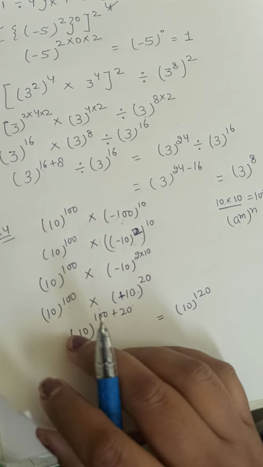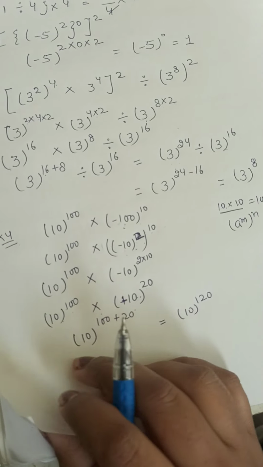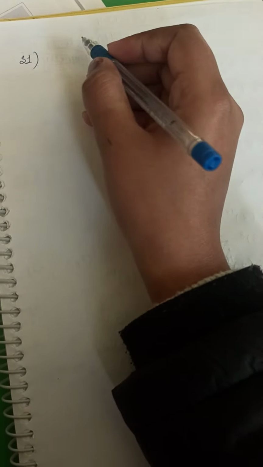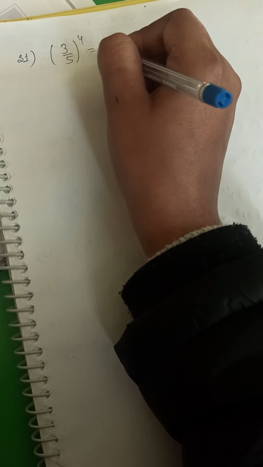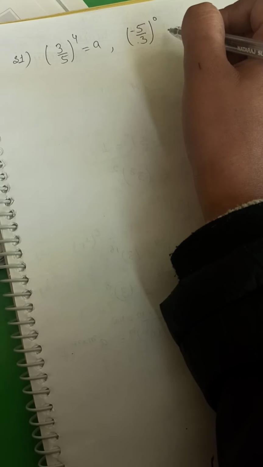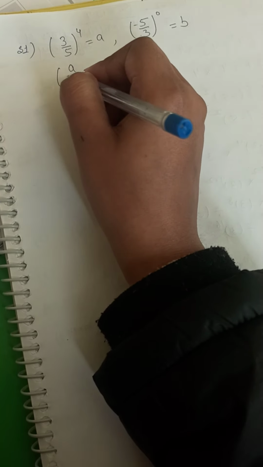Clear? Now the next question, S1. In this also, if (3/5) to the power 4 is equal to A, and (5/3) to the power minus (5/3) to the power 0 is equal to B. We have to solve it in the form of (A/B) to the power 4.